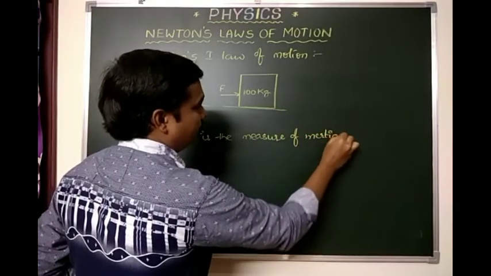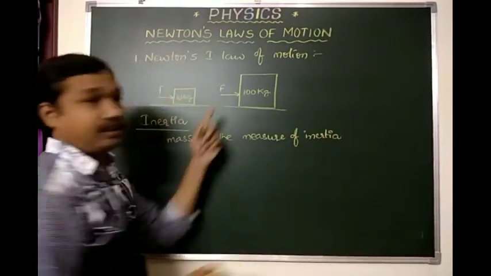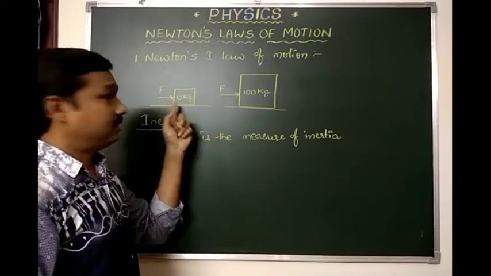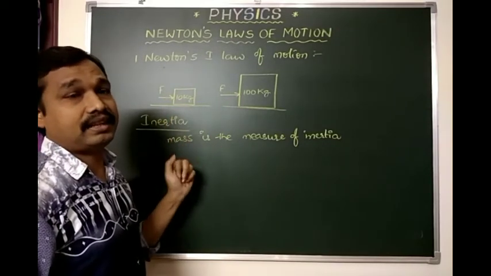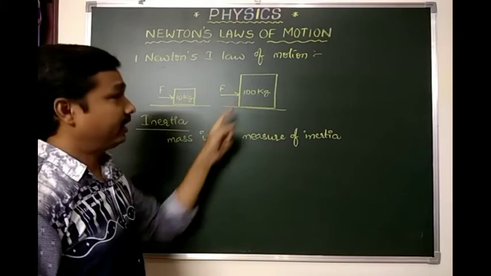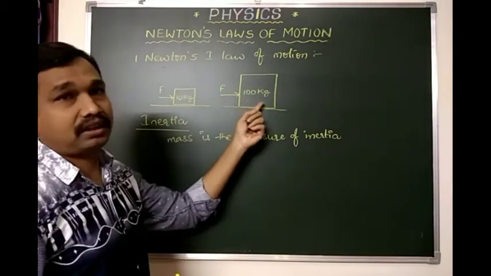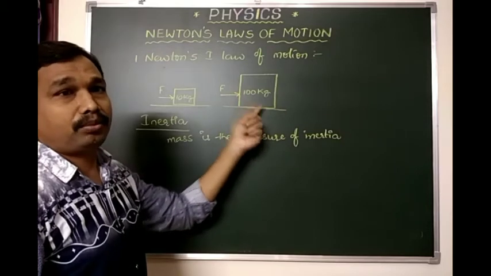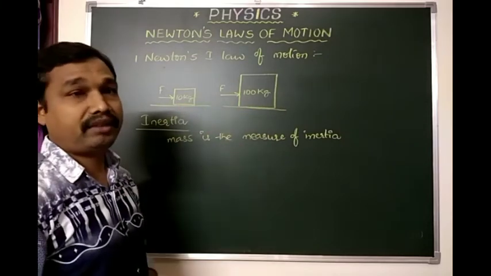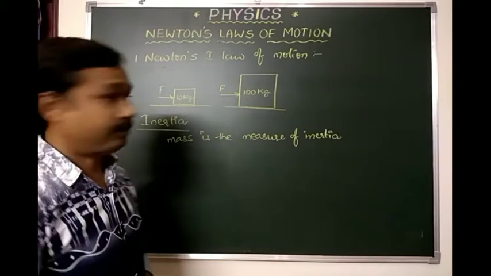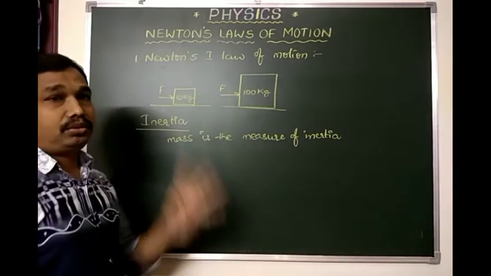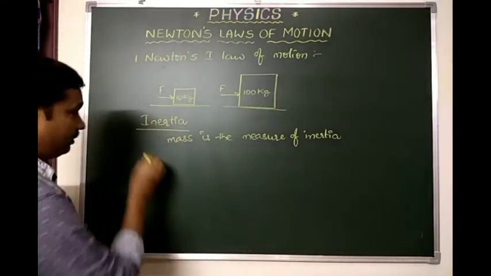If mass is more, inertia is more. If mass is less, inertia is less. Between 100 kilogram and 10 kilogram, the 100 kilogram block has more inertia, whereas the 10 kilogram block has less inertia.